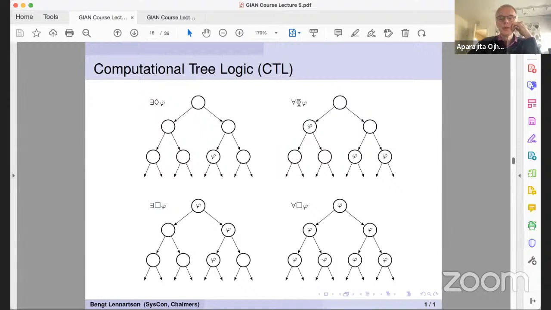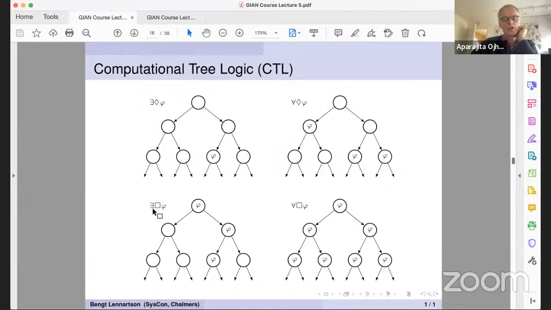So for all eventually phi means that in every sequence you go down here, you get sooner or later a phi. And for all always phi means that in every state where you go here, you have always phi, for all sequences.